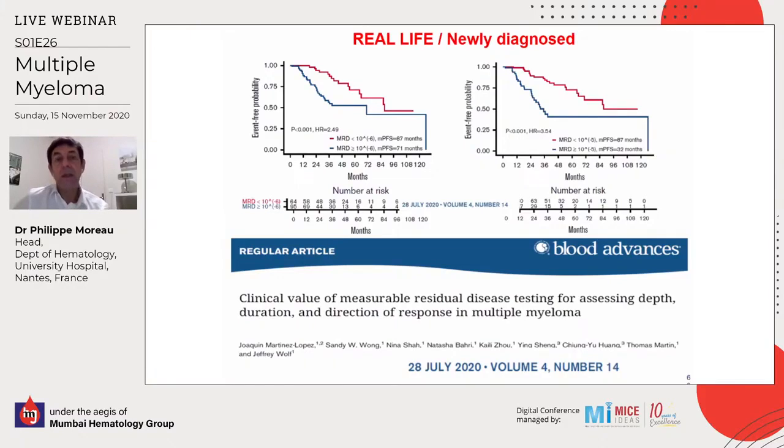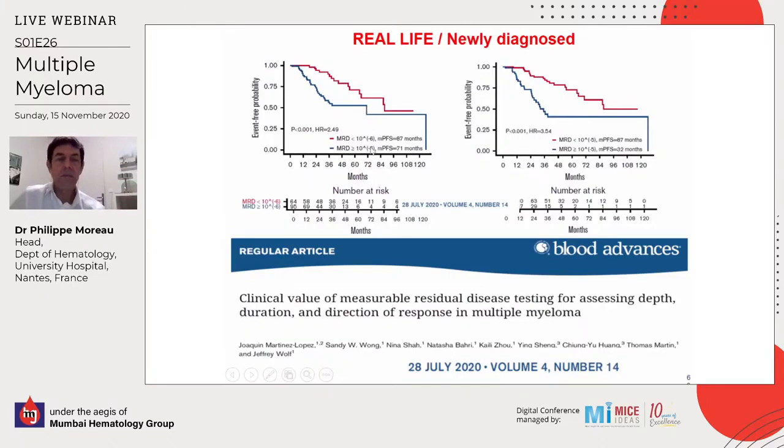You see that in the real life as well, newly diagnosed patients receiving stem cell transplantation have both a better progression-free survival, but also a better overall survival when they are reaching MRD negativity 10 to the minus 5 or 10 to the minus 6.